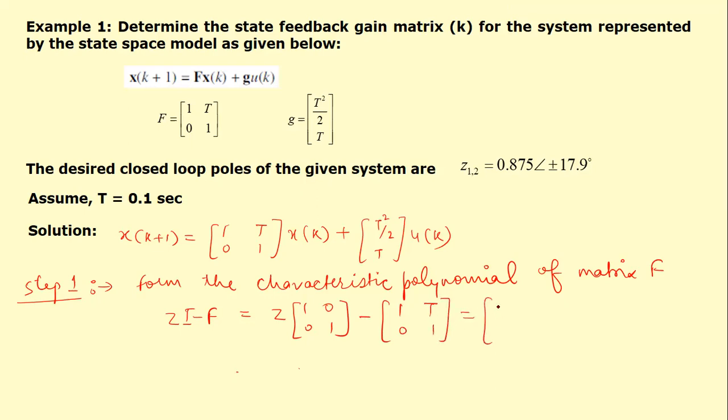So this would be [z 0; 0 z] minus [1 T; 0 1]. So zI minus F is [z-1, -T; 0, z-1].